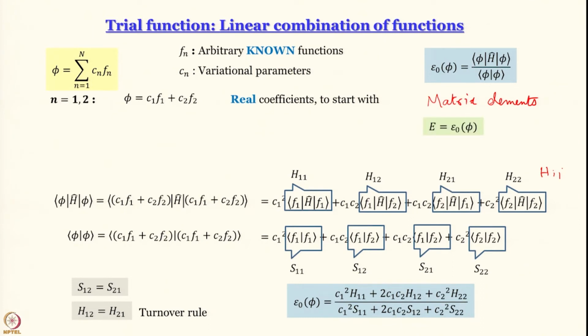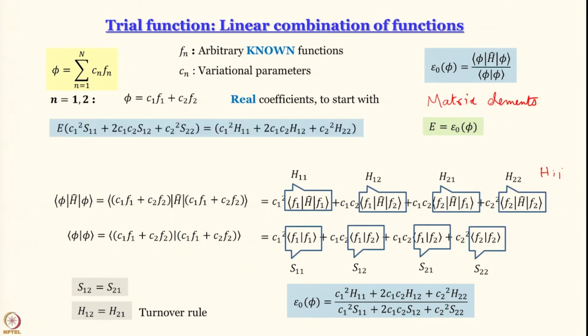Now, to get into the same convention as that of the textbook, I am going to replace epsilon 0 phi by E. So, I am basically bringing the denominator up to the left hand side.